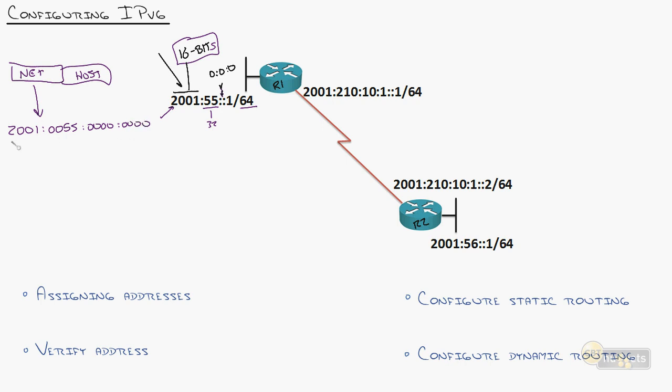Now, of course, with our shortcuts, we've got 2001:55:00, right? That's a shorter way of writing the network statement because I can drop the leading zeros. And that represents the first 64 bits. Now, the last 64 bits, notice I do ::1. So if I were to say, what is the host? The host, and I'll just write the short version, is 0:0:0:1.